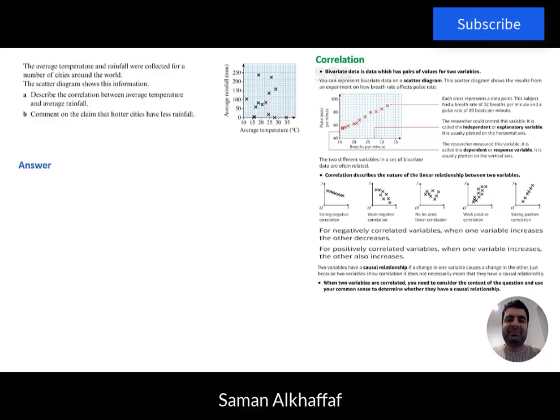In this example, the average temperature and rainfall were collected for a number of cities around the world. The scatter diagram shows this information. For part A, we need to describe the correlation between average temperature and average rainfall. In terms of our response, there is no correlation.